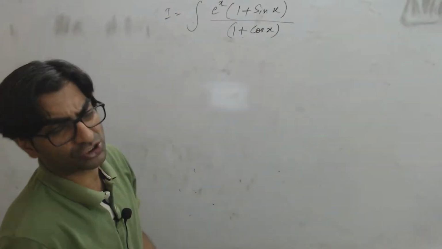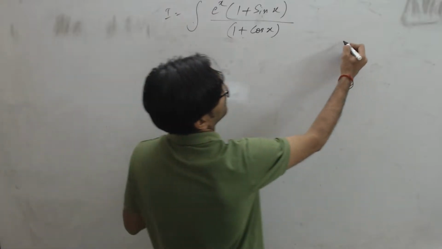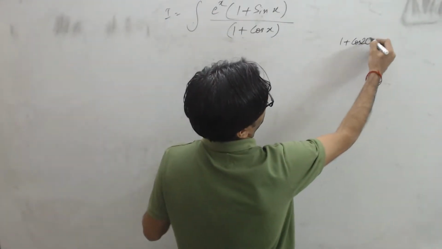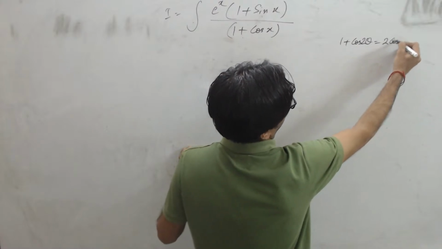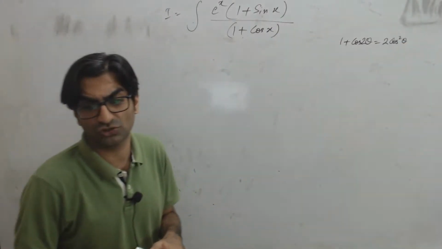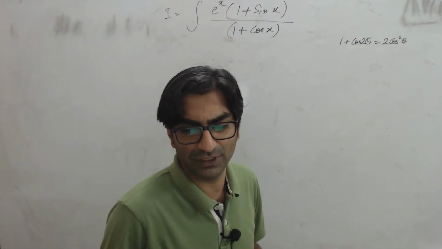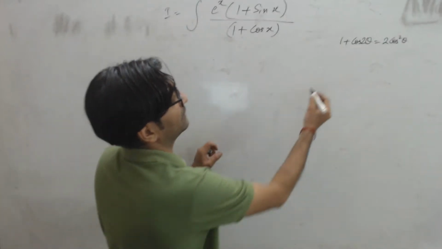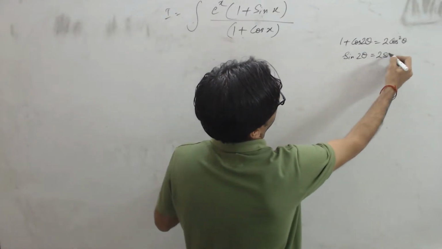Okay, when you have 1 plus cos 2 theta, the formula is 1. What is 1 plus cos 2 theta? It's 2 cos square theta. 1 plus cos 2 theta is 2 cos square theta, and similarly sin 2 theta is 2 sin theta cos theta, right?